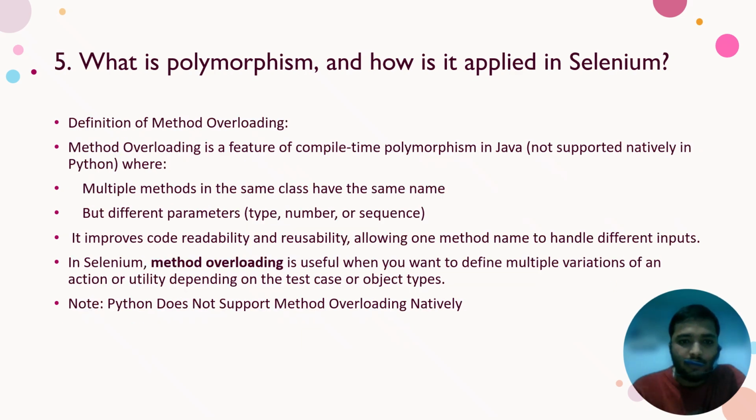What is polymorphism and how is it applied in Selenium? We define it with overloading. Method overloading is a compile-time polymorphism feature in Java, where multiple methods in the same class have the same name but different parameter types, number, or sequence.